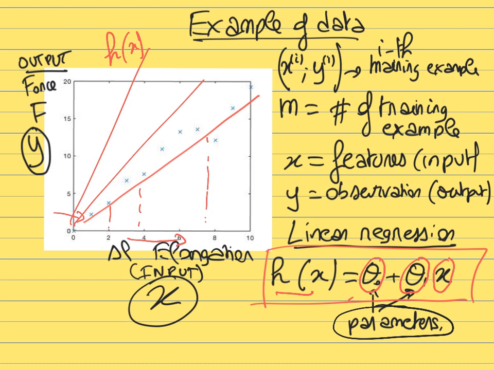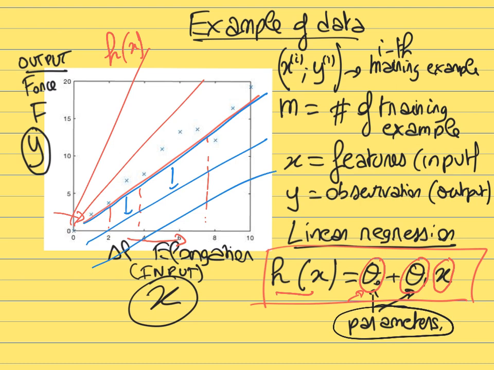And if you now change the value of theta naught, for example, if you decrease theta naught, rather than having your initial model like this, the intercept is going to decrease. So the hypothesis h is going to decrease as well.